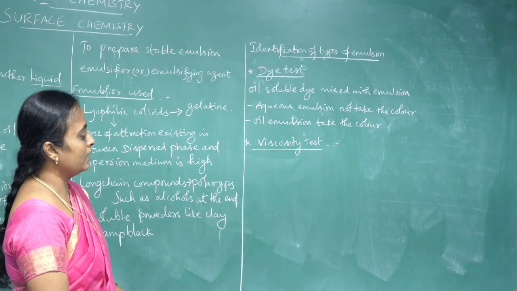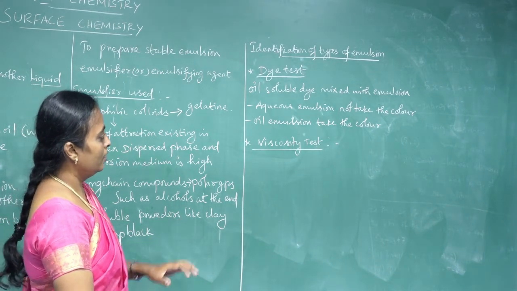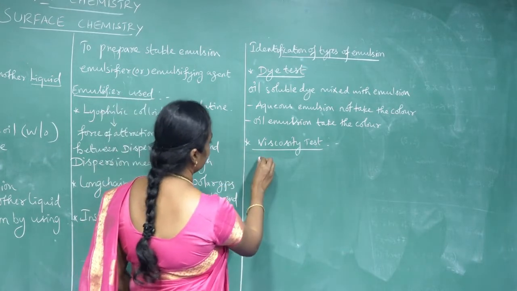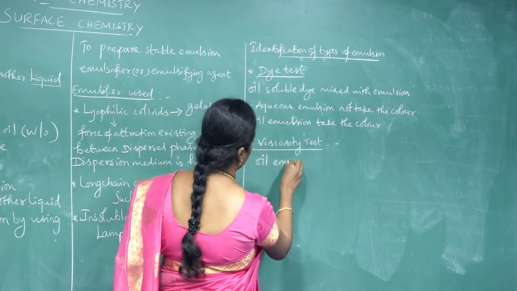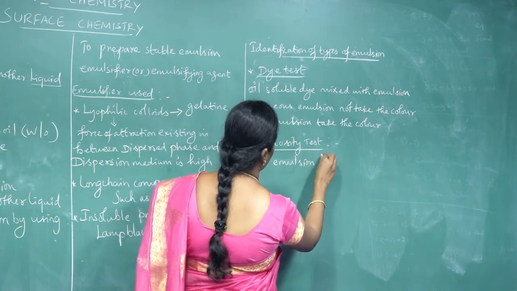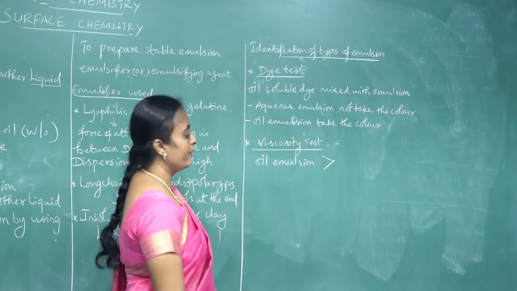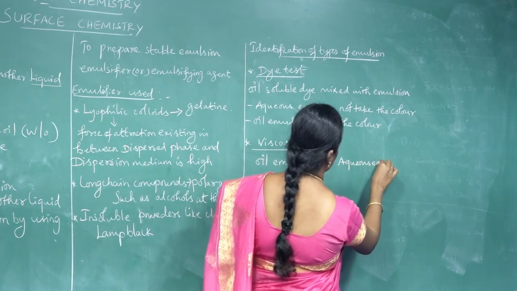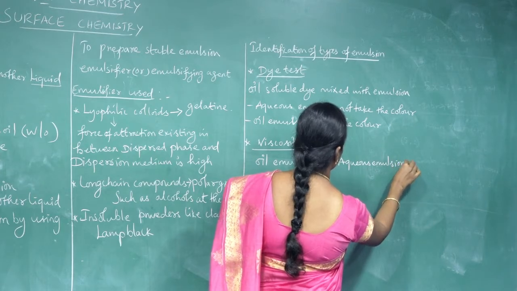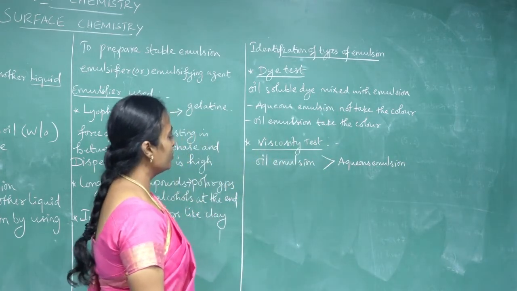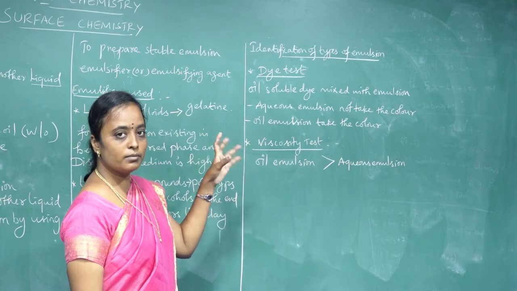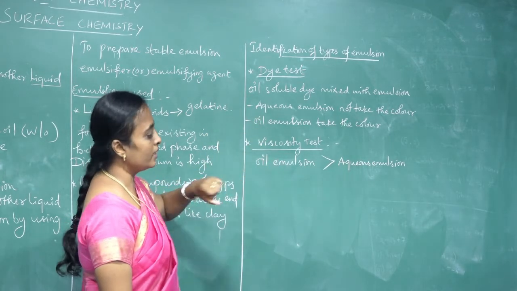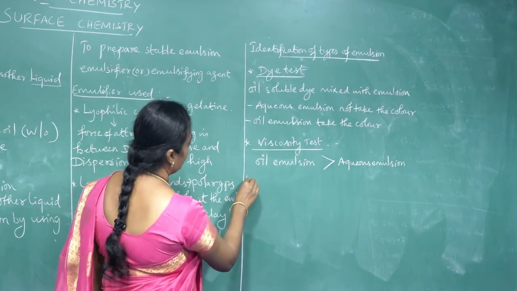Whenever the experiment is done, we can observe that the oil emulsion will have a high viscosity compared with the aqueous emulsion. So by seeing that inference, we can identify which is the oil emulsion and which is the aqueous emulsion.